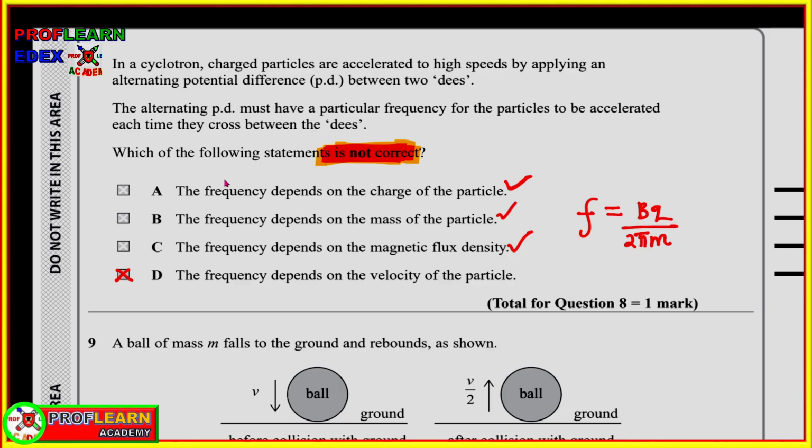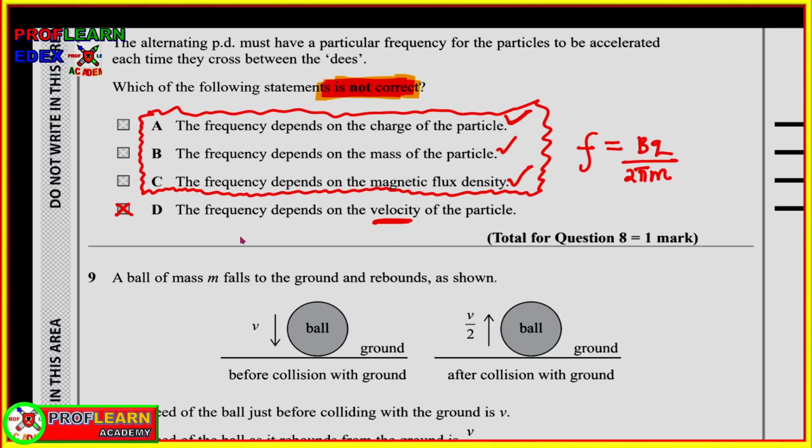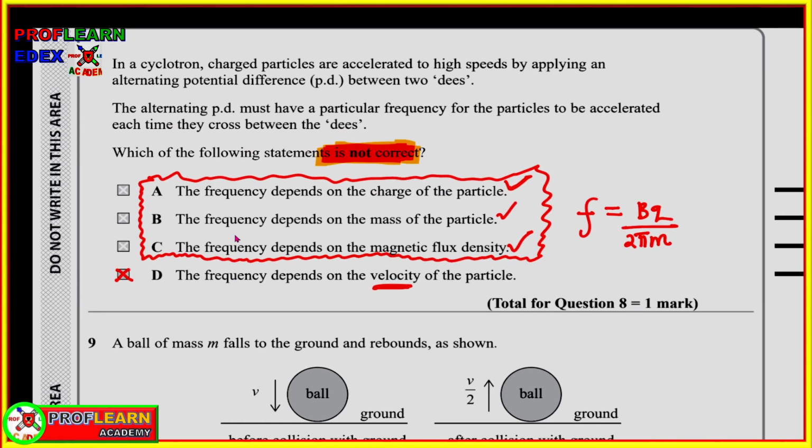So all these statements that we are having in this part are true because the frequency is dependent on them. But you can see from here, frequency is independent of the velocity of the particle. So the statement D, we can now agree and say it's incorrect.